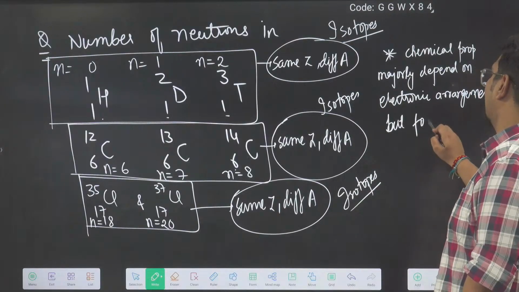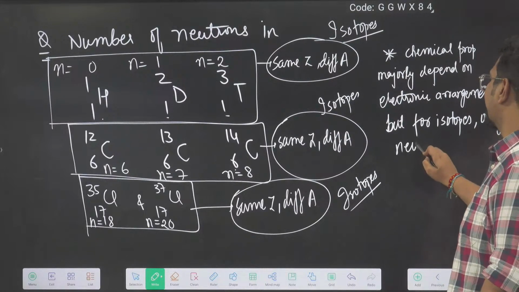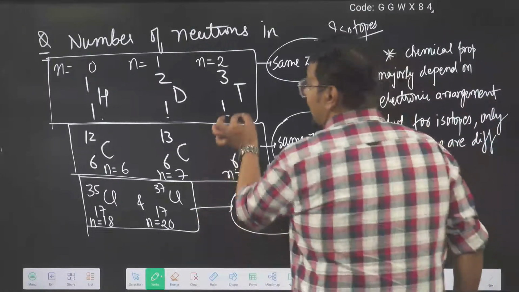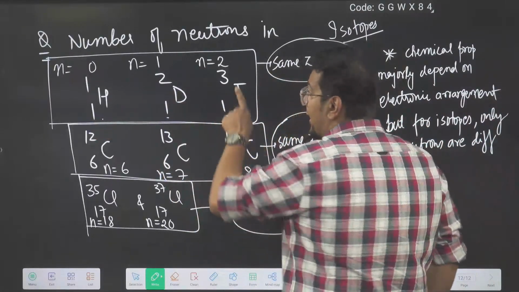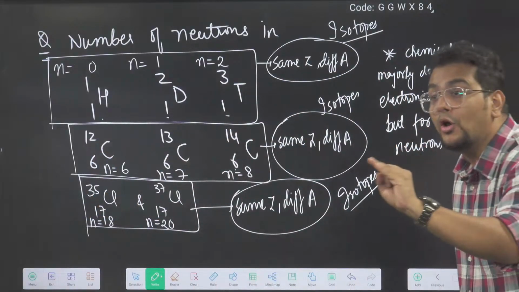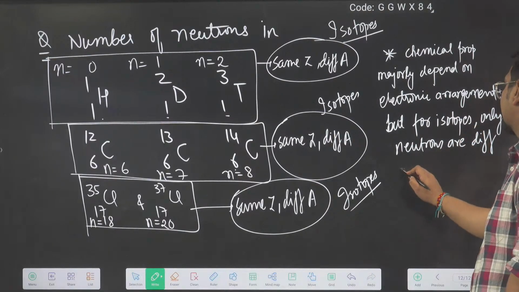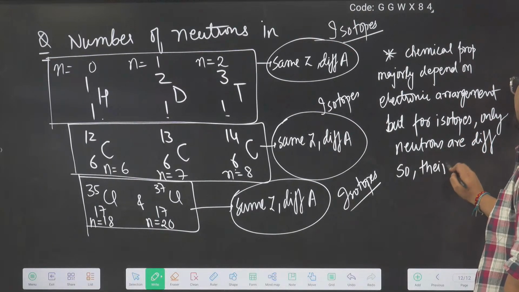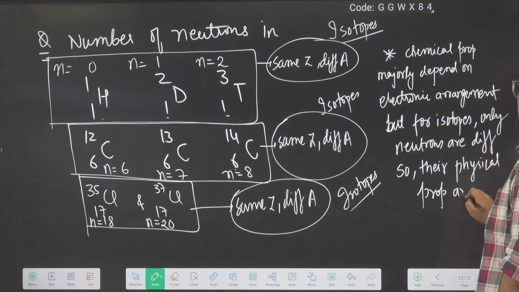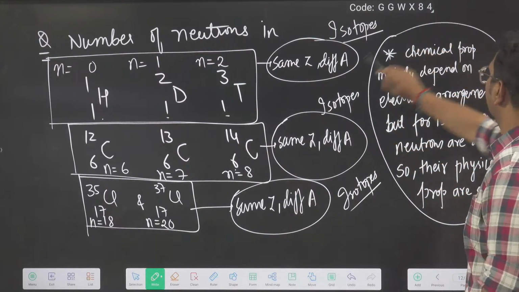But for isotopes, only neutrons are different. Say bhai, check all the examples. Atomic number same, number of neutrons are different. Electron and proton are same. So for isotopes, only neutrons are different. Is this understood or not understood?